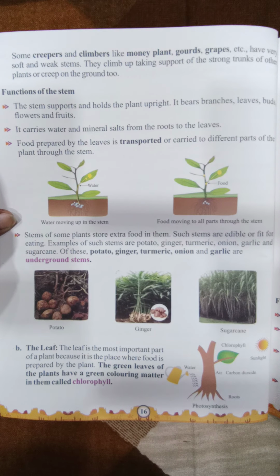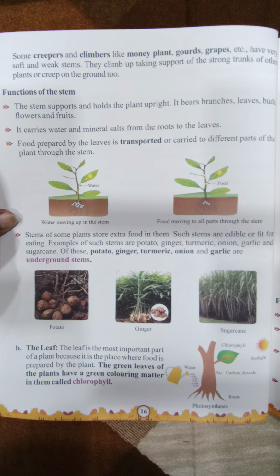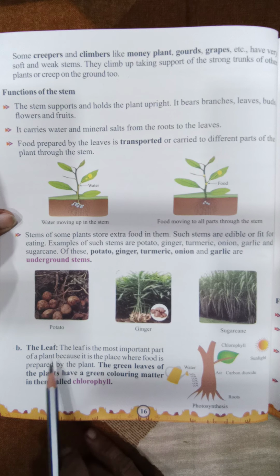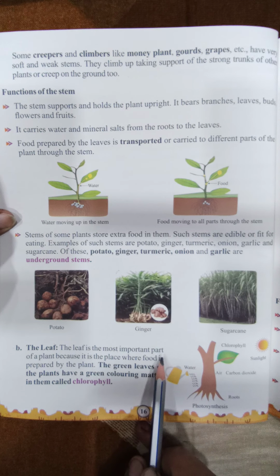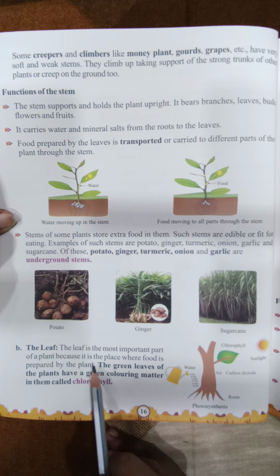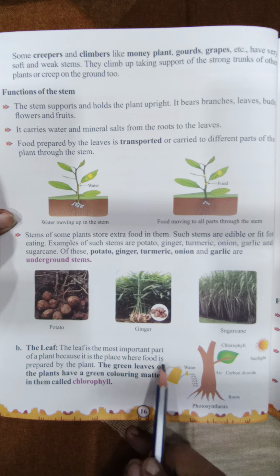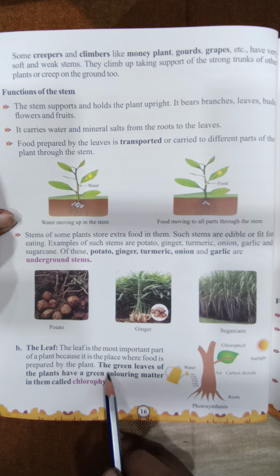In the previous lecture, we learned about the root and stem. Now, in this lesson, we will learn about the leaf and its function. The leaf is the most important part of the plant because it is the place where the food is prepared by the plants.